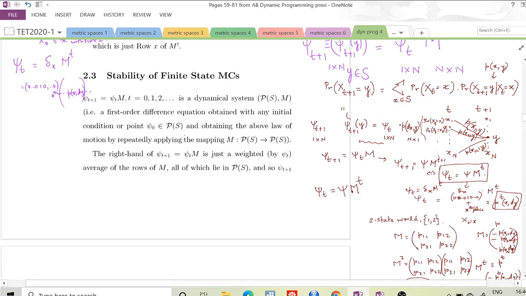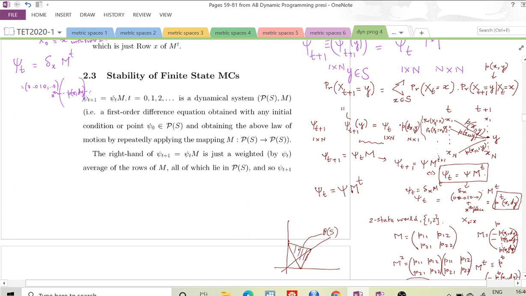What it's saying about how the system evolves is this. Let's say I have a 3-state world. In general, I have an n-state world. Whatever it is, I can equate any distribution to a point on the n-1 dimensional simplex, right?